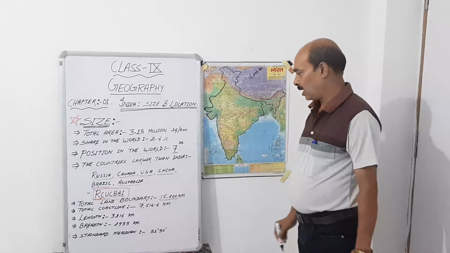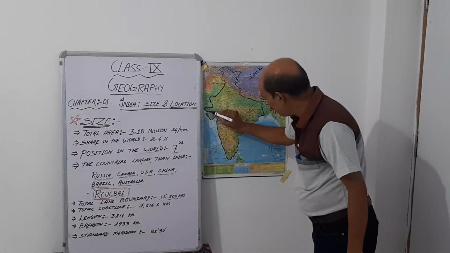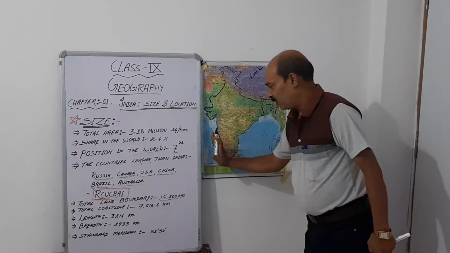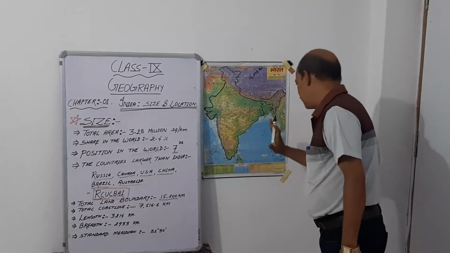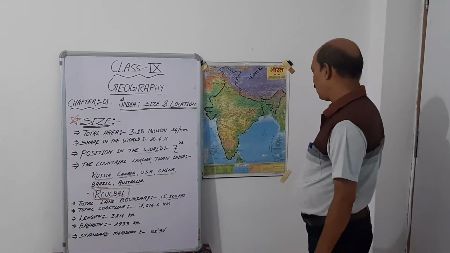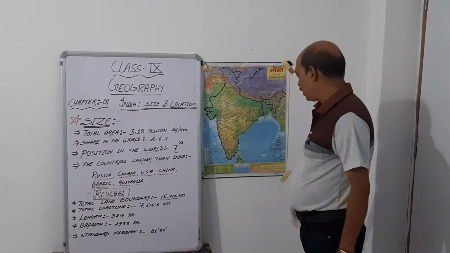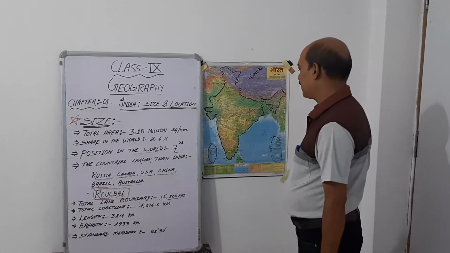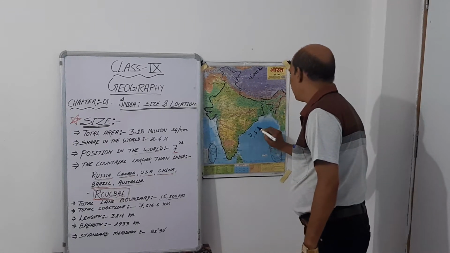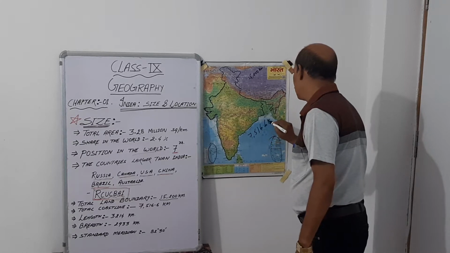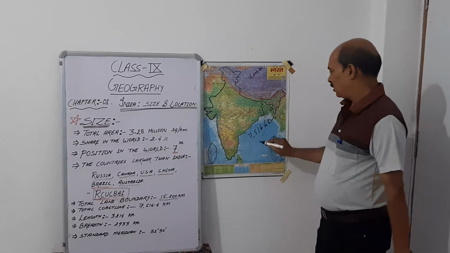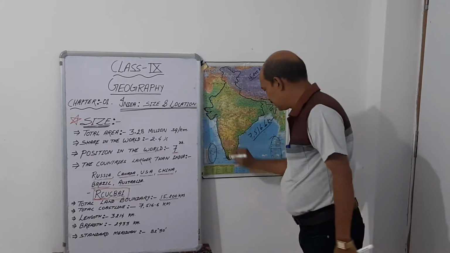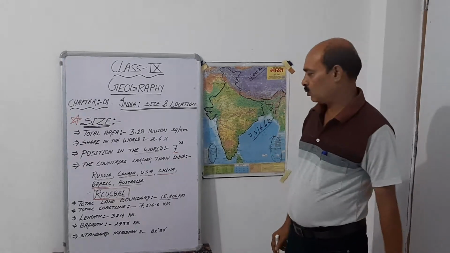The southern side is our peninsular plateau, with the Arabian Sea on the west and the Bay of Bengal on the east. The total coastline, including Andaman and Nicobar and Lakshadweep, is 7,516.6 kilometers. So here is the land boundary and here is the coastline of our country.